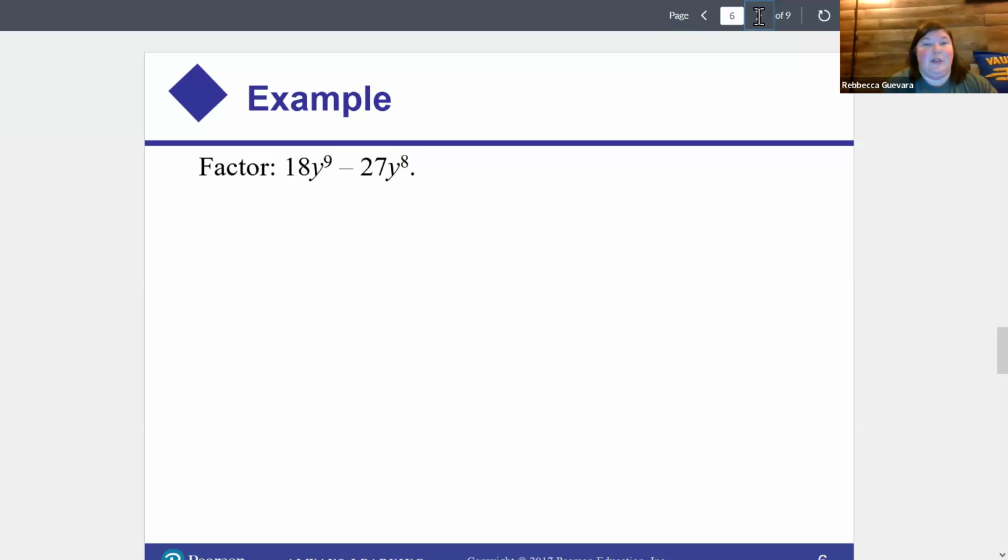So for example, if we have this one here, we have 18y to the 9th minus 27y to the 8th. I can at least factor, both of these are divisible by 9, so I factor out a 9. And I can factor out a y to the 8th.